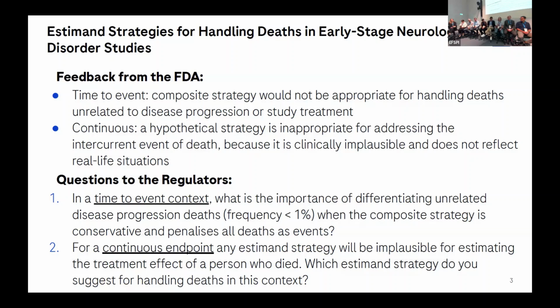Andreas, please. Yeah, I think first of all, what we always regret is that we are here a panel exclusively of statisticians who discuss what is the appropriate estimate, because I think we should also have clinical involvement here. But actually, to the questions, for the time to event endpoint, I do not really understand why it would not be appropriate to use death as an event, because we also do it for other diseases.